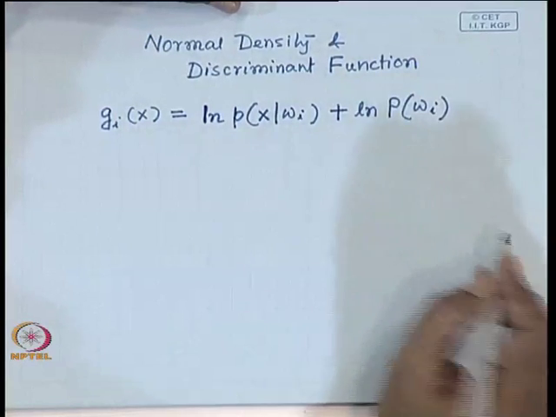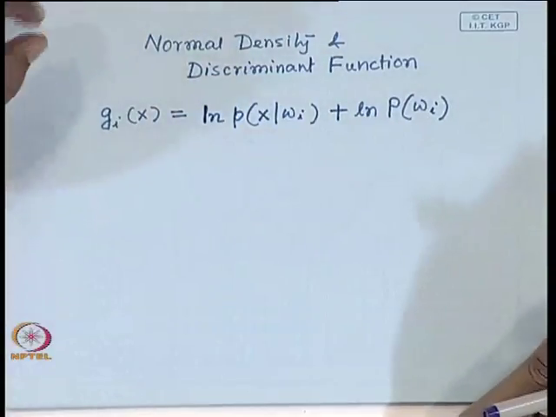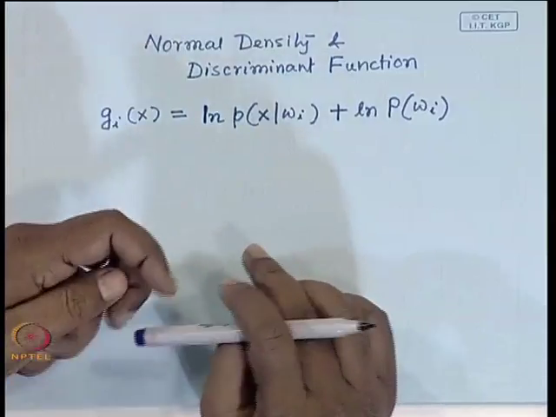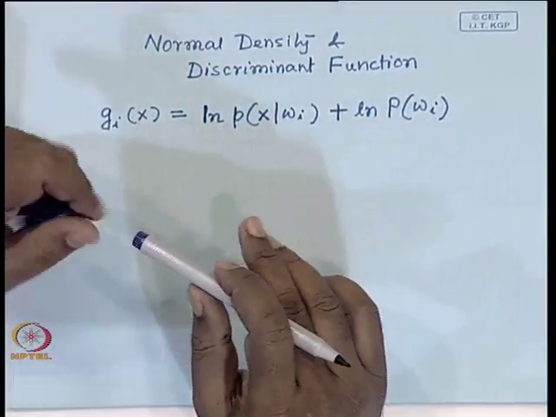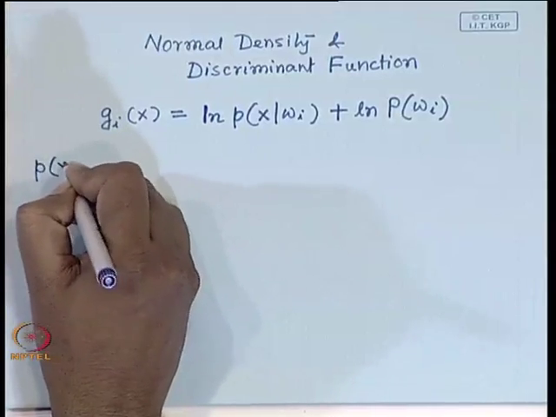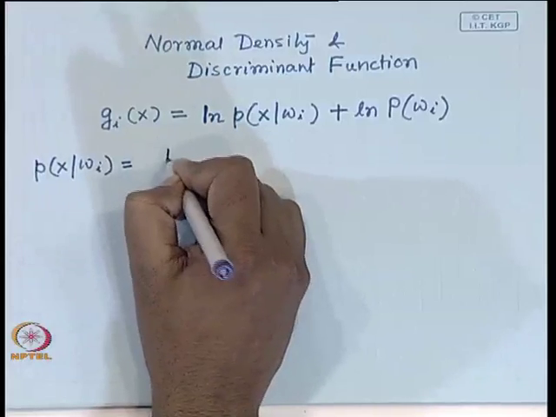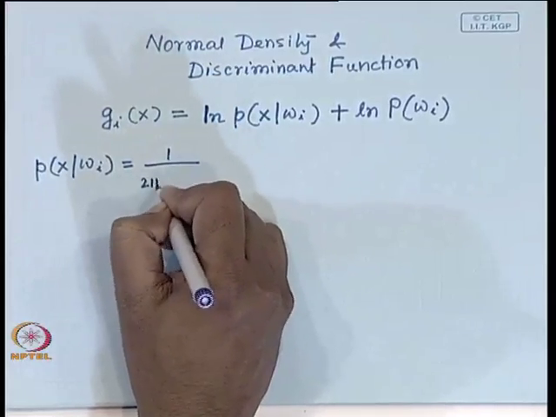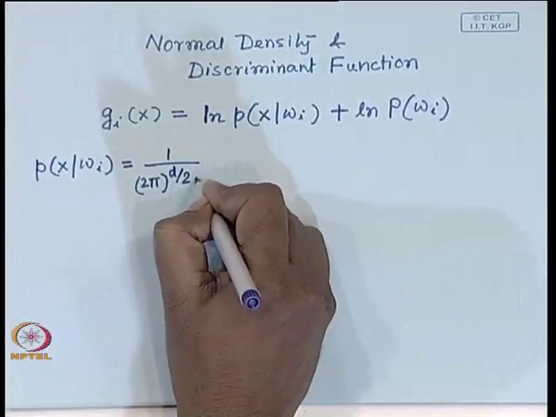And if we replace this probability density function p(x | ω_i) by a normal density having the covariance matrix Σ_i and the mean vector μ_i, we write it in this form: 1 over (2π) to the power d by 2, and so on.